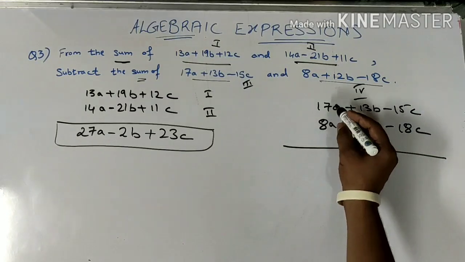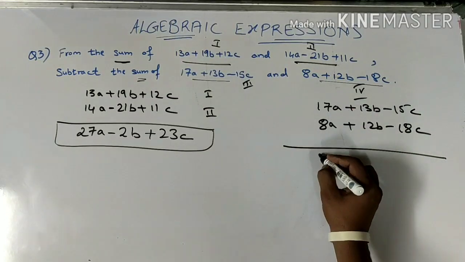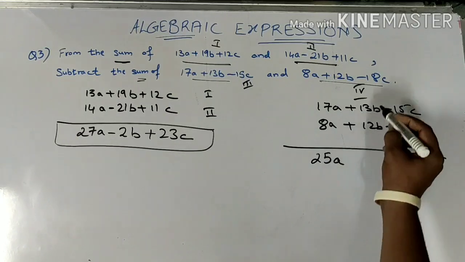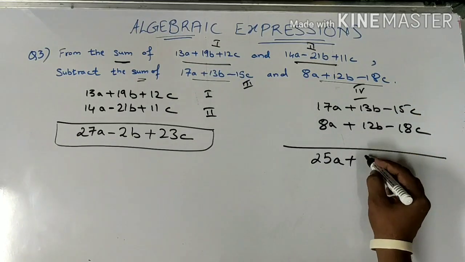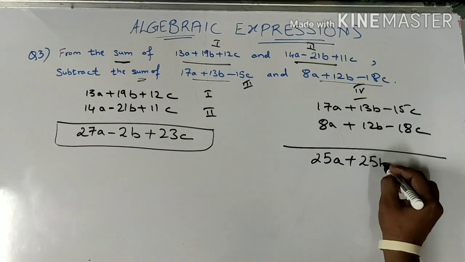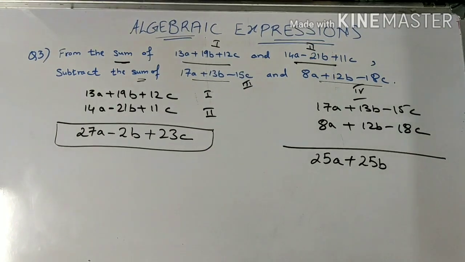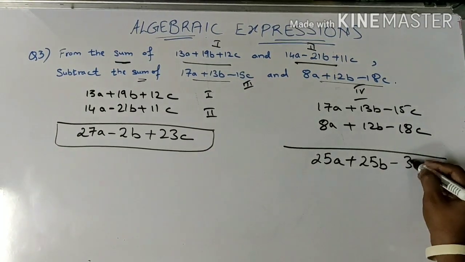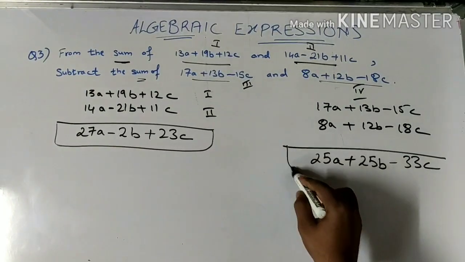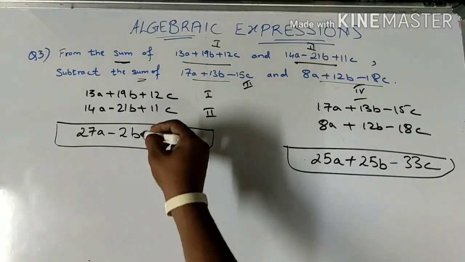So sum of this, 17 plus 8, that is 25a, 13 plus 12, that is 25b, and minus 15 minus 18 is minus 33c. So I have to subtract this from this.